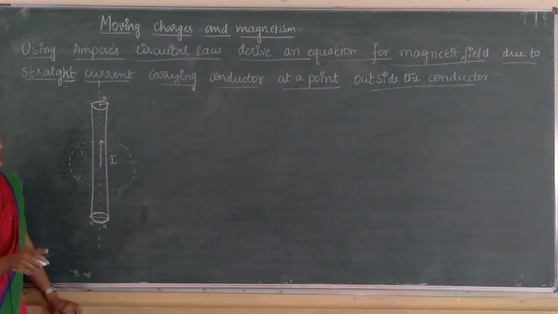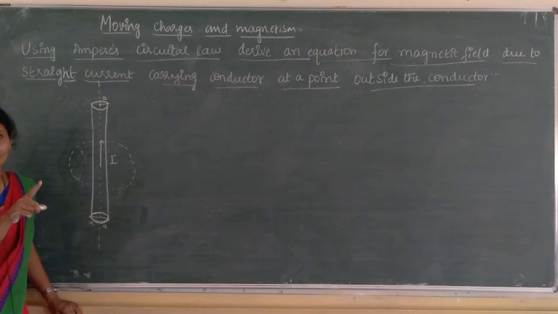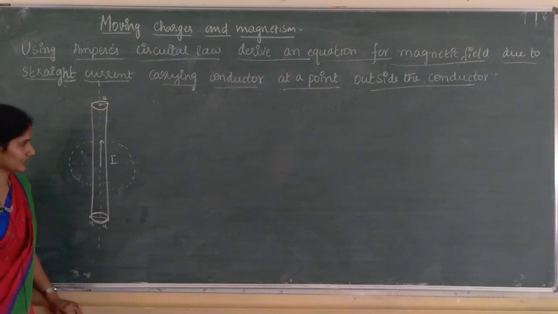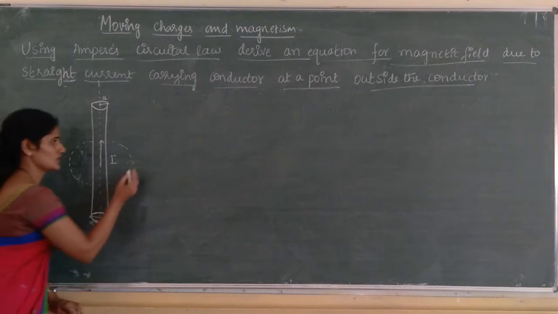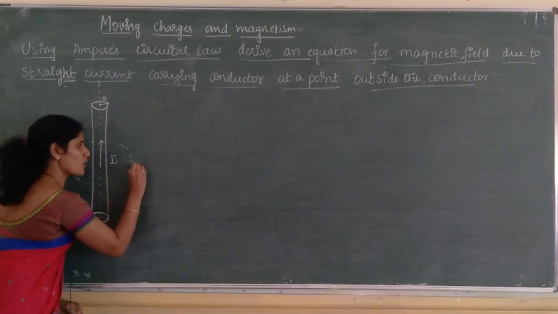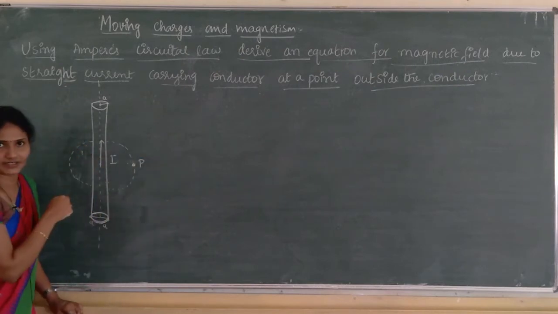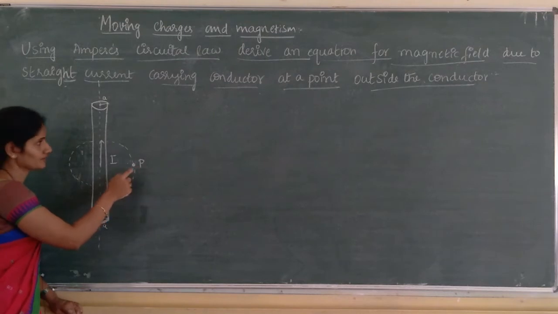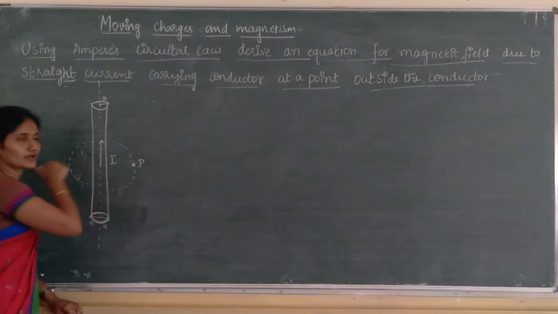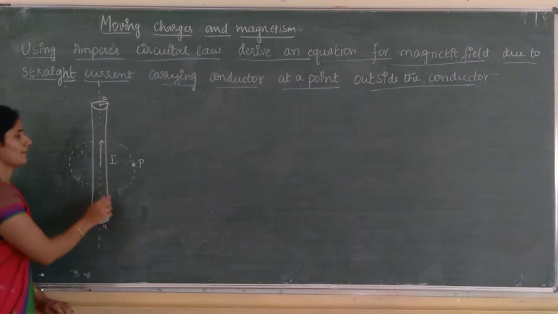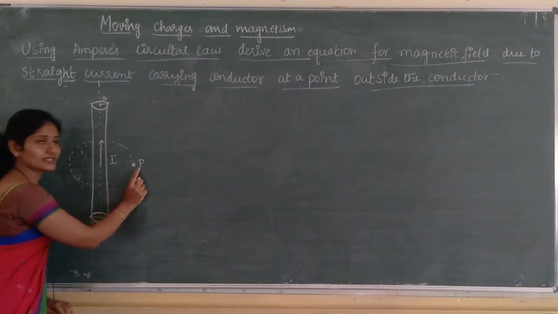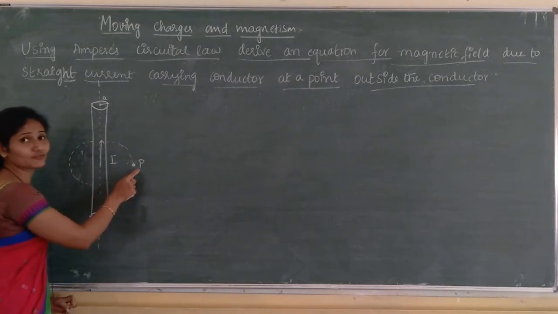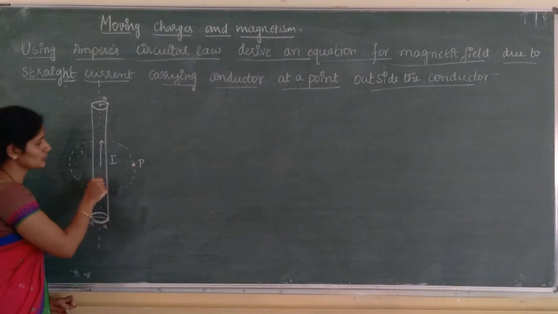Now, we have to calculate the magnetic field at a point due to this current carrying conductor outside the conductor. So, let us consider a point P outside the conductor. Okay. So, this is the point P which is in this curve, and this point P is outside the conductor.